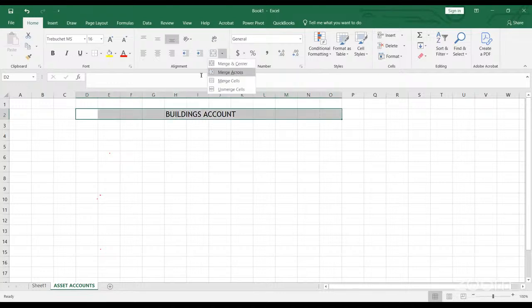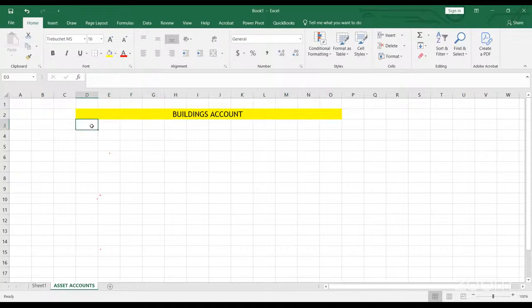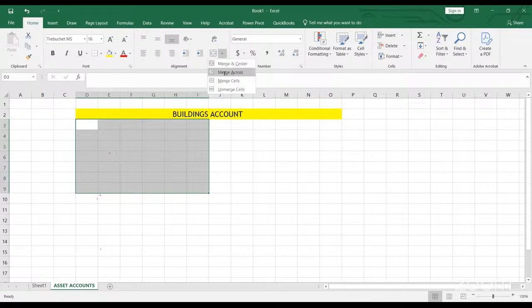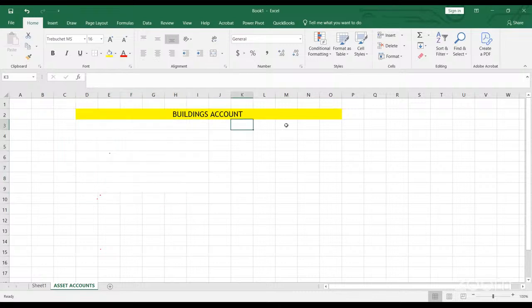You have to prepare accounts for those assets that were revalued. So this is our buildings account. We want to see what happened on revaluation. Was there a revaluation gain or a revaluation loss?